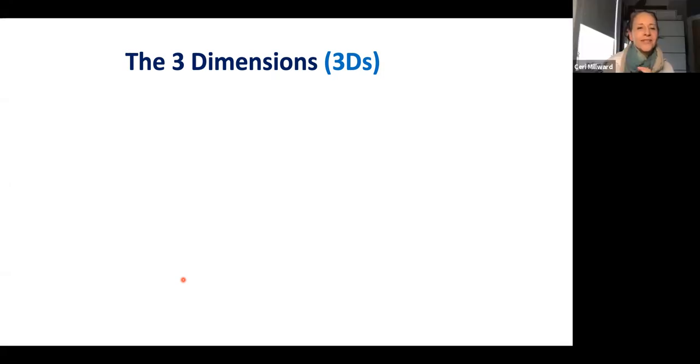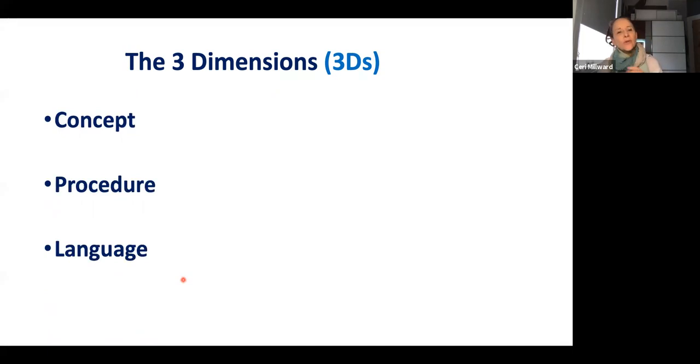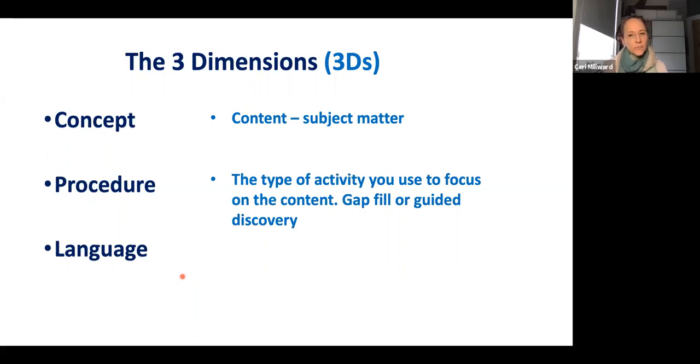Okay, I'll tell you, this is difficult. So concept, procedure, and language. The 3 dimensions are 3 different aspects of a CLIL lesson that we need to think about and we need to balance. So concept is content and subject matter. Procedure is the type of activity you use to focus on the content.